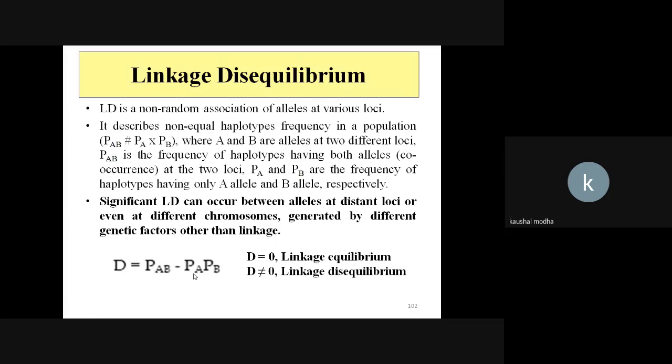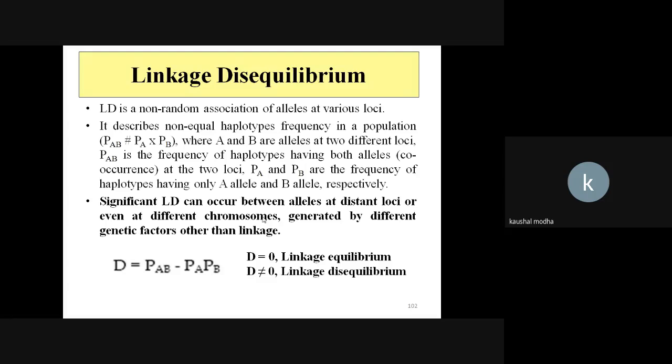Significant LD can occur between alleles at different loci, even if they are present on different chromosomes. For linkage to occur, two loci must be physically close together on the chromosome. But for linkage disequilibrium, it is not necessary. Two loci may be physically linked, close to each other, and show linkage.